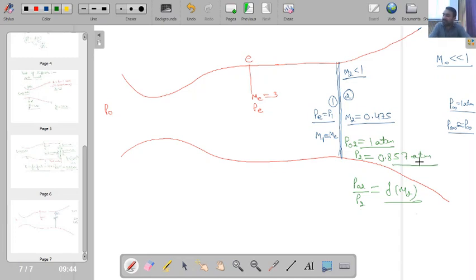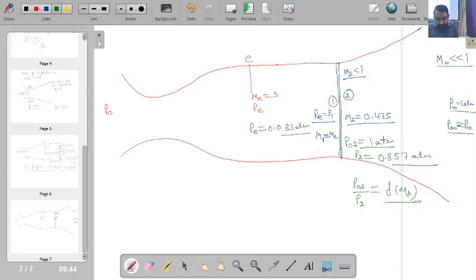If downstream pressure is known and upstream Mach number is known, I can calculate the value of P1 using the normal shock relation. If I calculate that, then my exit pressure comes out to be 0.083 atmospheric. This is the value of the exit pressure. Once you know the exit pressure, then you can now calculate PO.